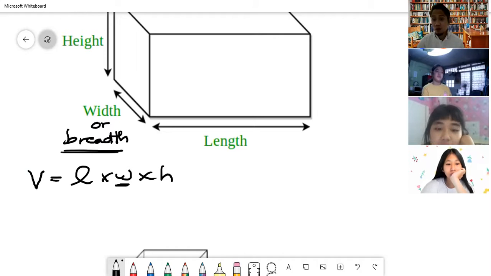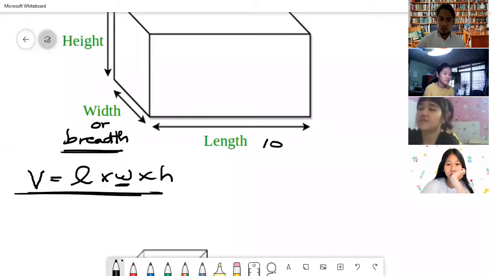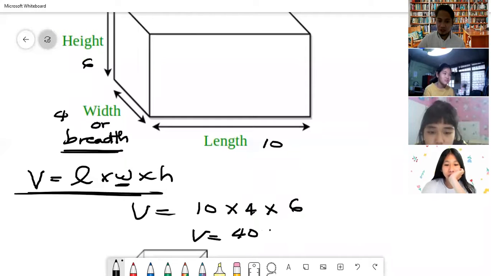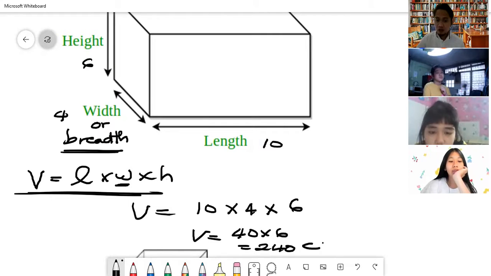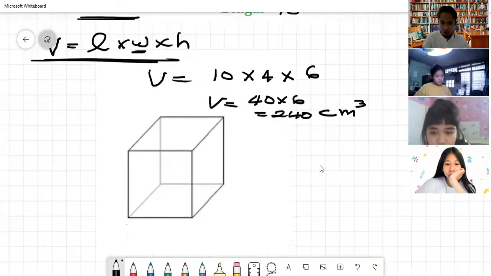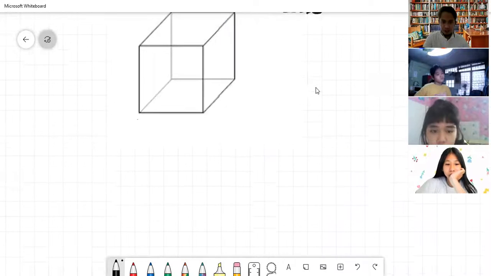Length times width times height, so 10 times 4 times 6. So volume: 10 times 4 is 40, times 6 is 240. Do not forget the unit: cubic centimeter, everyone.